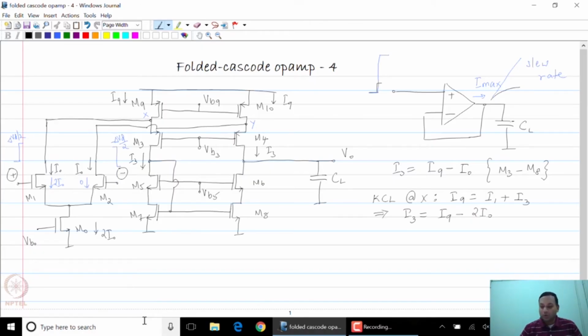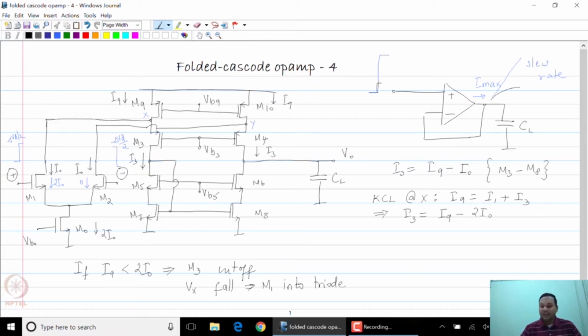The important condition to note is that if I9 was less than 2I0, M3 for example would get cut off, because it cannot support reverse currents. Naturally, what this means is that Vx and Vy would fall to push M1 into triode region.